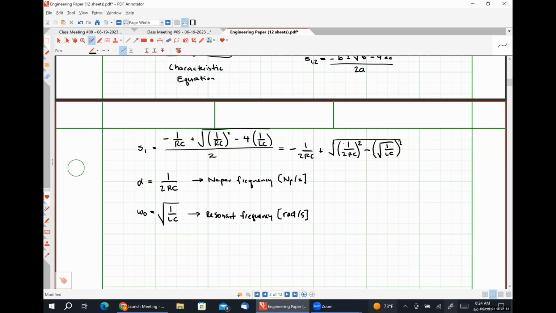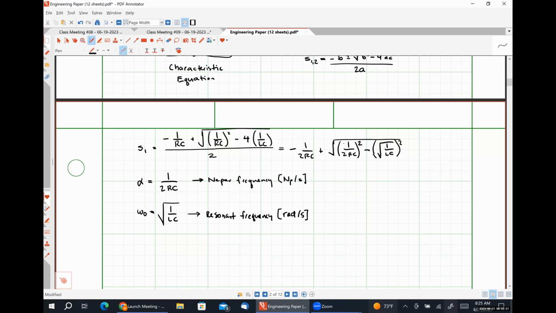And it also happens to be the frequency at which the impedance of the system will be purely real. Okay. We're not really going to use either of those things in this particular context because we are not exciting the system right now. We're seeing how it responds when we take a source away, but we'll deal with both of those other representations later on in this class.